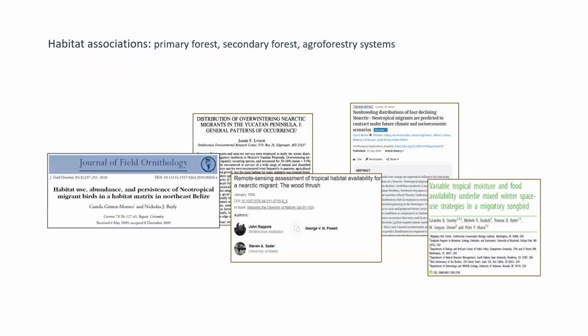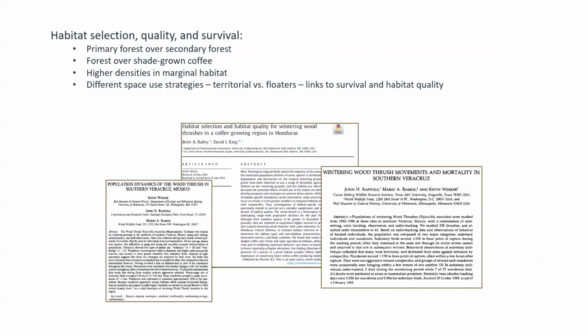During the stationary non-breeding season, we know habitat associations for wood thrush, right? Primary forest, secondary forest, some agroforestry systems. And we know a bit about where they're more abundant and different rates of survival. Interestingly, they apparently sometimes occur at high densities in habitats where they have low survival.